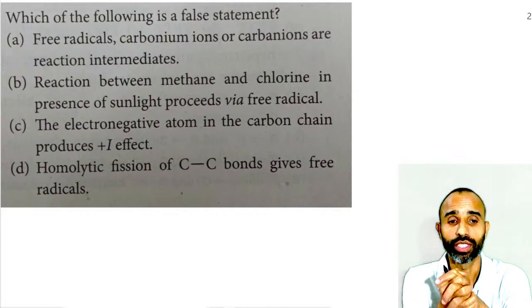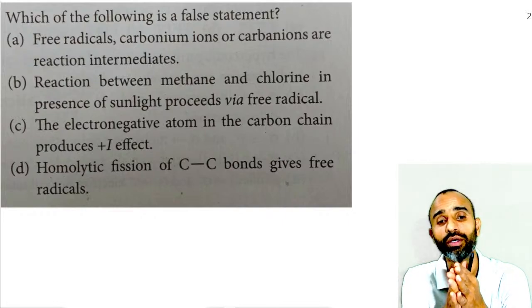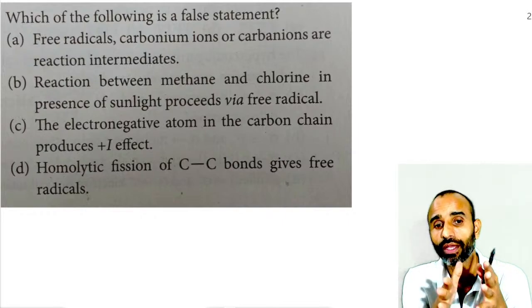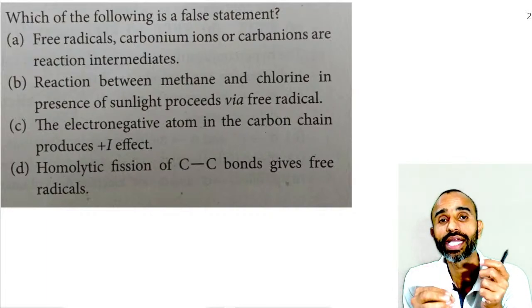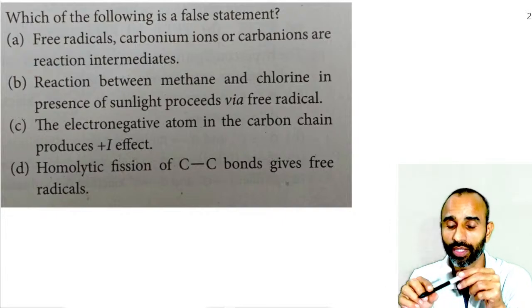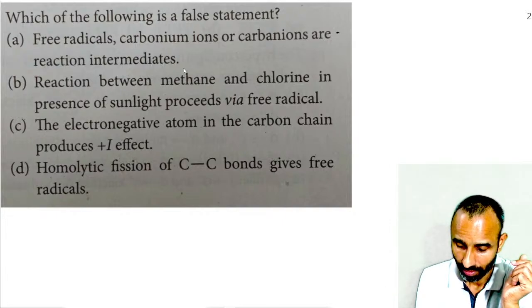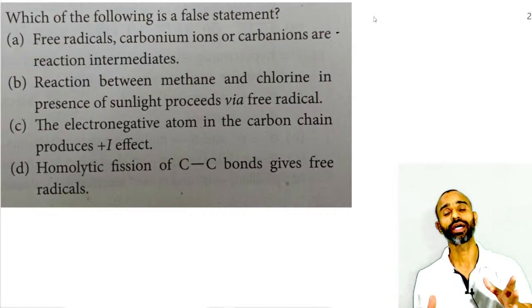First question is, which of the following is a false statement? First is, free radicals, carbocations and carbanions are reaction intermediates. Is it true? Yes. So keep in mind, what are reaction intermediates? Which are formed within the reaction.